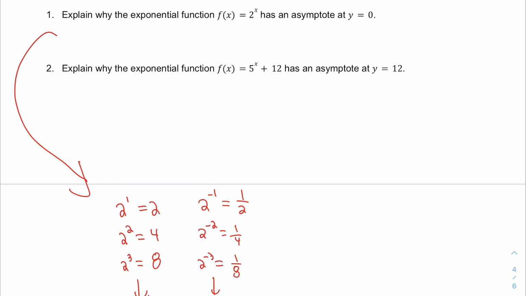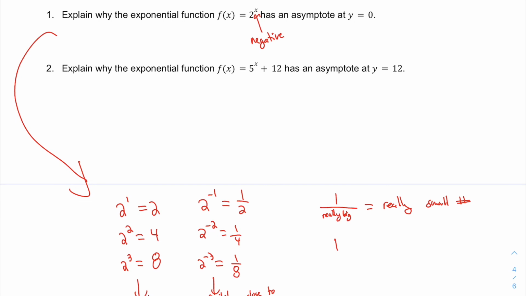In this direction, if we get more and more negative with our inputs, we are getting infinitely close to 0, because 1 divided by some really big number gives us a really small number. So as we put in really big negative values, we get closer and closer to 0, but we never actually get there.